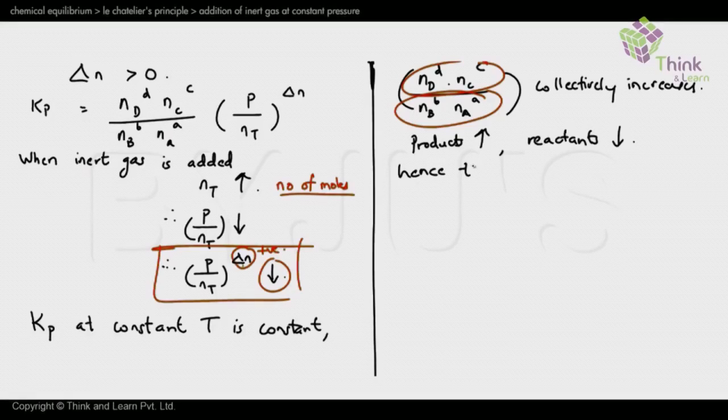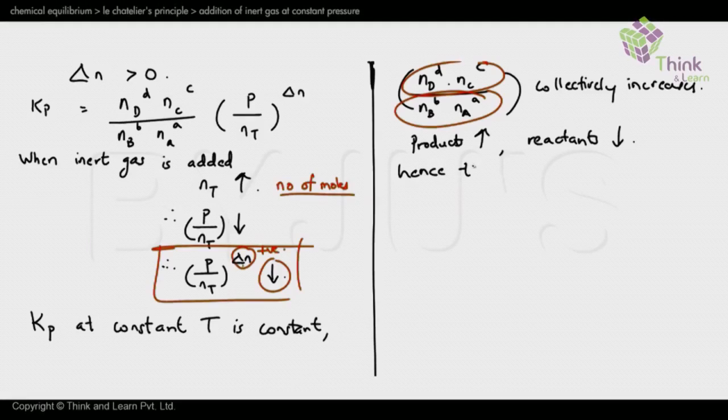Now when inert gas is added, Nt increases, the number of moles increases. So therefore P by Nt, because pressure is constant, reduces. Now since delta N is positive, we have P by Nt, the whole raised to delta N, also reducing.